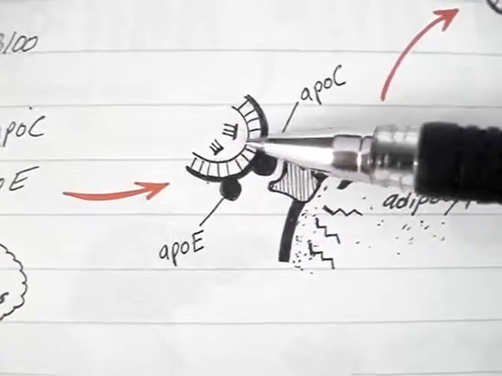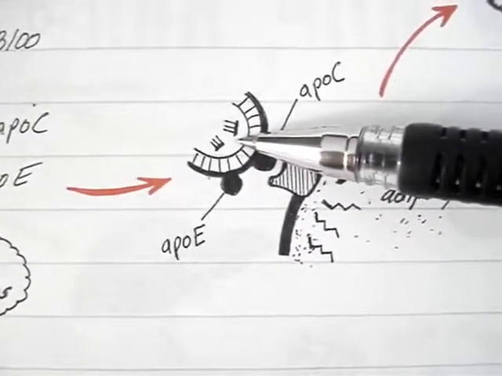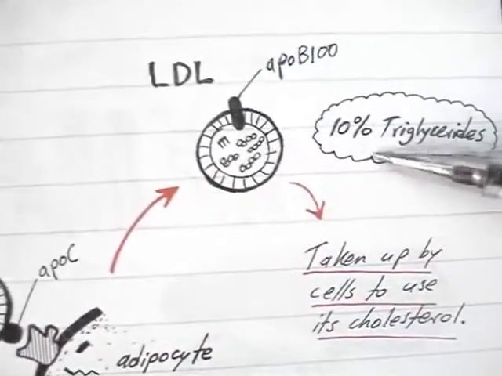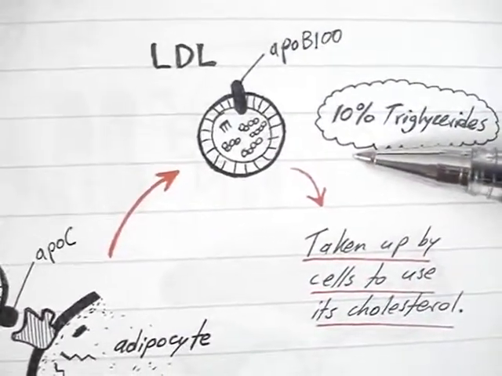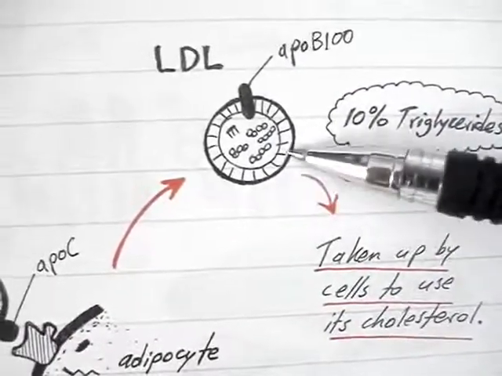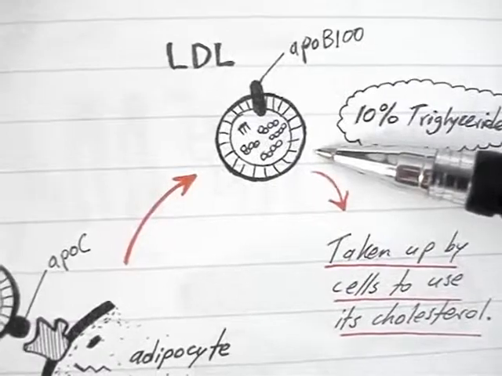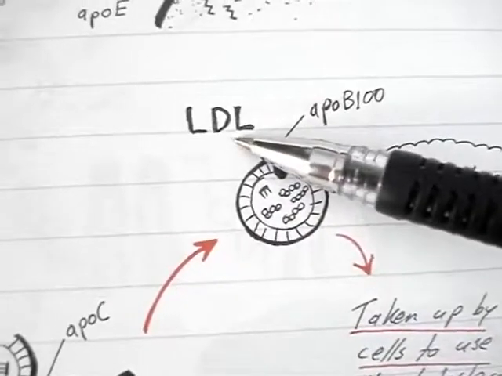So now, when the level of triglycerides within the IDL is reduced, let's say to about 10%, the IDL loses both ApoC and ApoE and is now called LDL, low density lipoprotein.